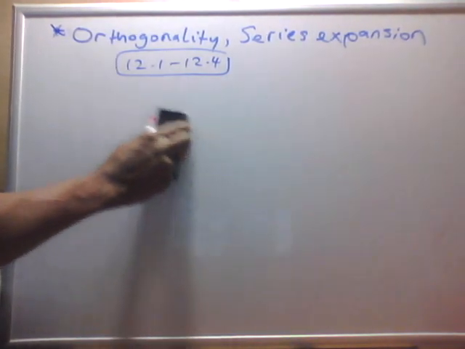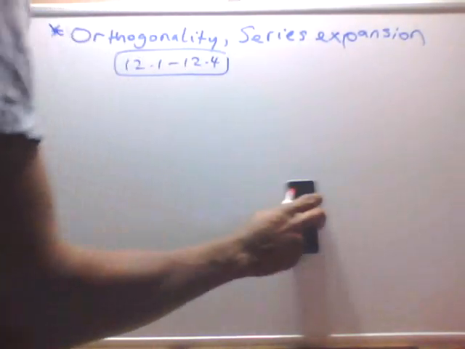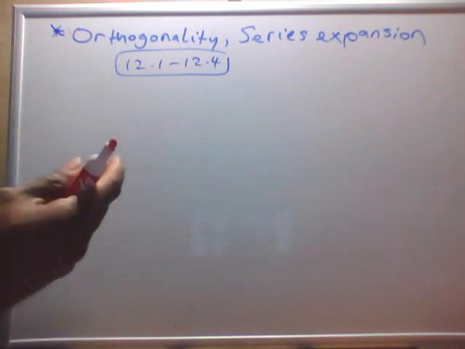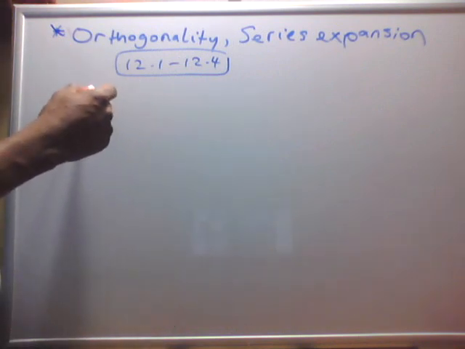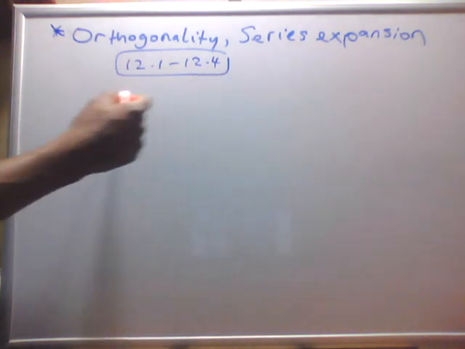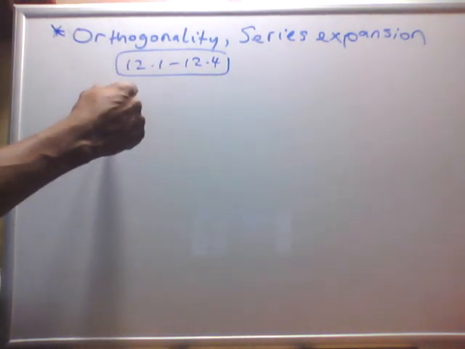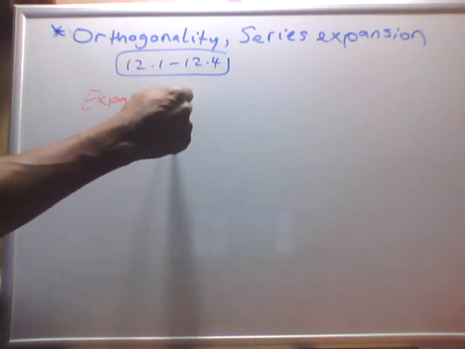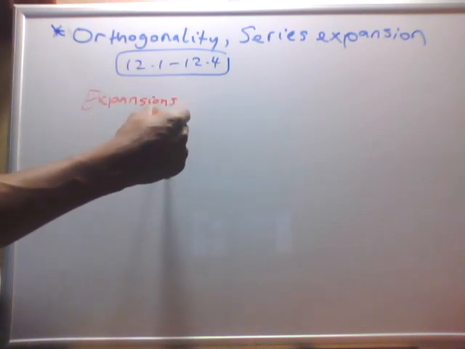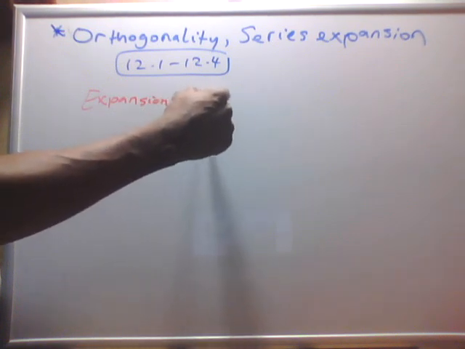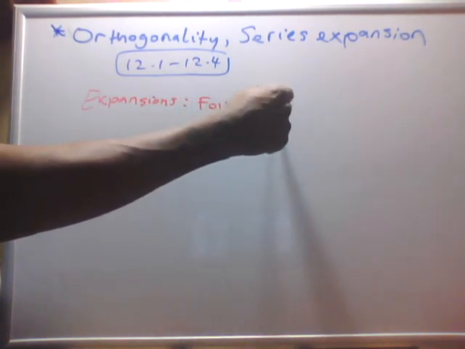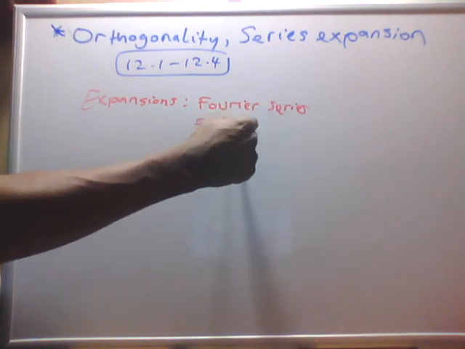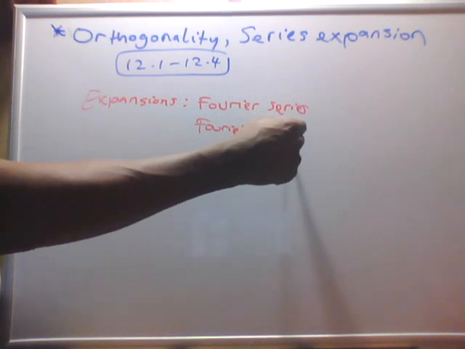This idea of expanding functions in terms of an orthogonal set, we've seen how important and interesting it is in sections 12.1 to 12.4, for determining series expansions. Like I said, we looked at the full Fourier series, the Fourier sine series, and the Fourier cosine series.